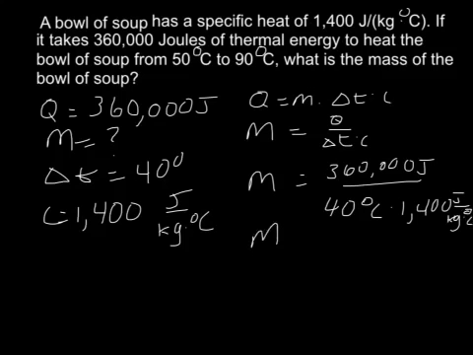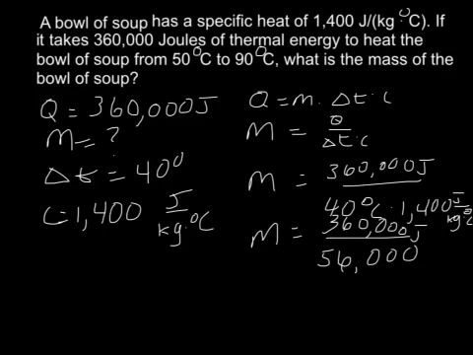So that means M equals 360,000 joules over 40 times 1,400, which is 56,000. And then, of course, the degrees Celsius over 1 times joules over kilograms times degrees Celsius. Cancel the Celsiuses, and you get joules over kilograms.